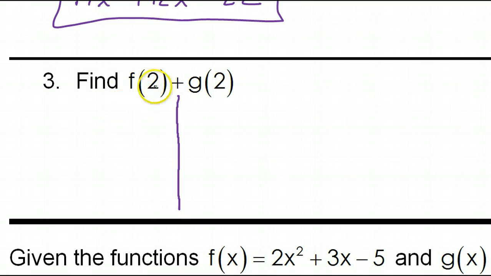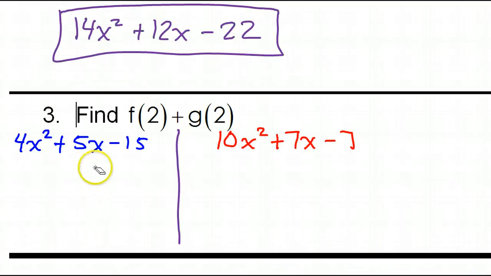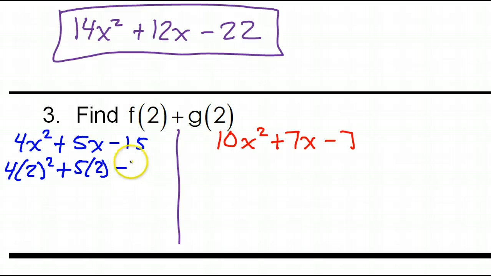So, function f of 2. Here on the left I have function f, and on the right here I have function g. So if I want to evaluate function f at 2, which is what this means, I'm going to substitute 2 for all these x's. So that's why I'm going to have 4 times 2 squared plus 5 times 2 minus 15.